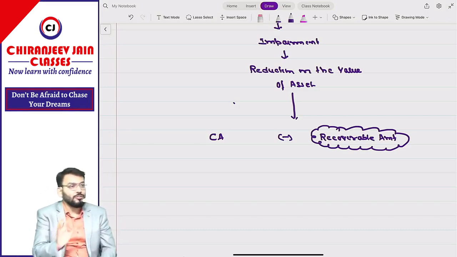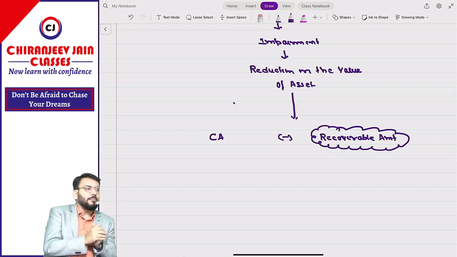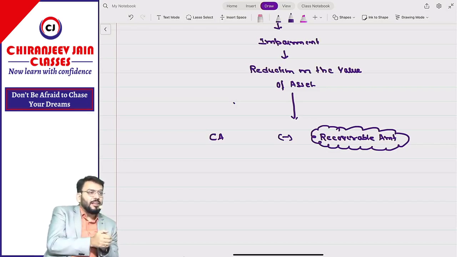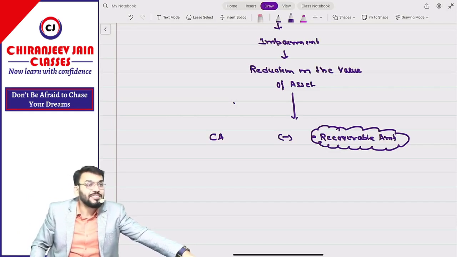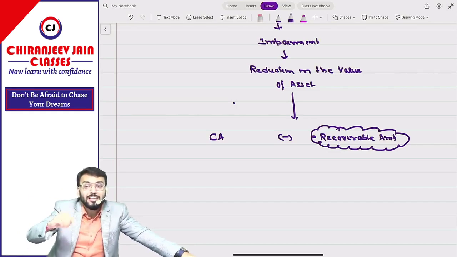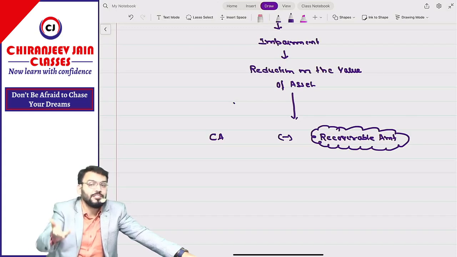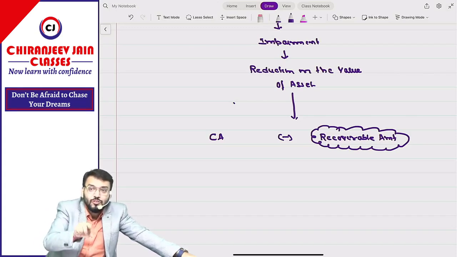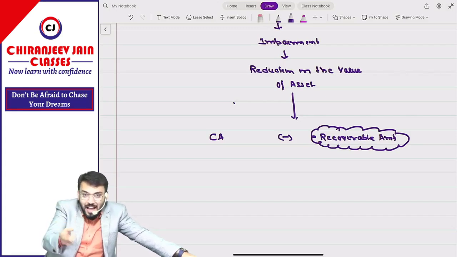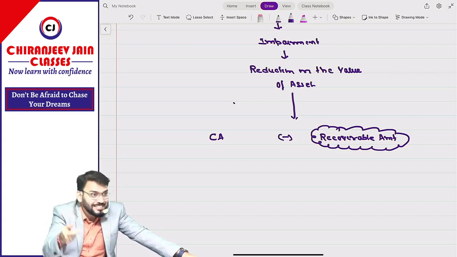So I can recover this 1 lakh by what means? Either by use or by sale.